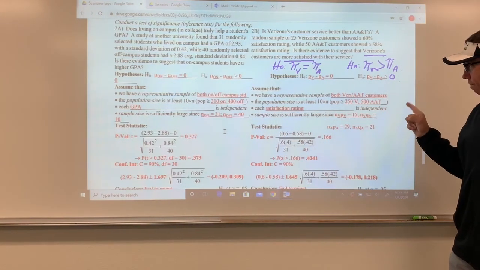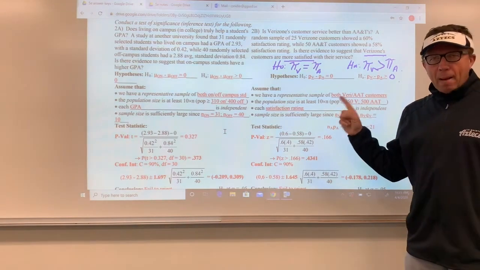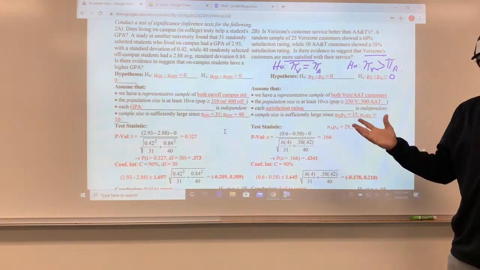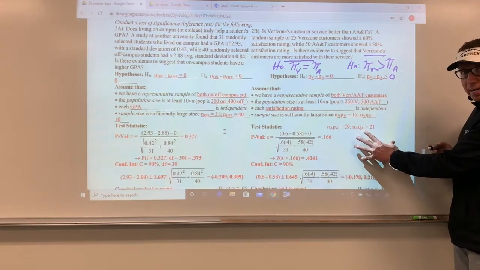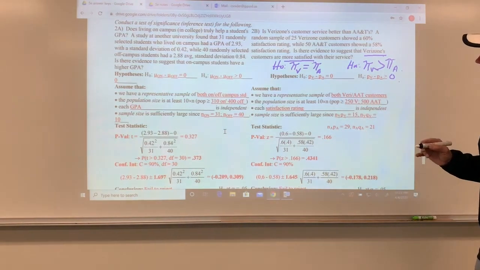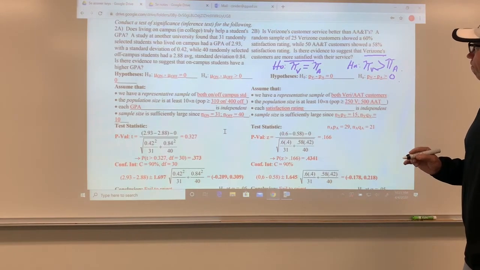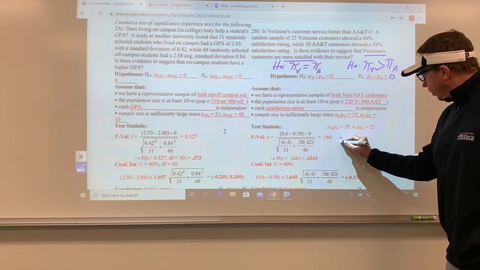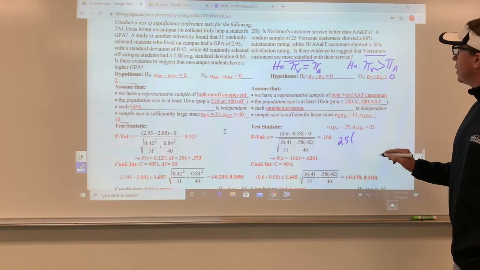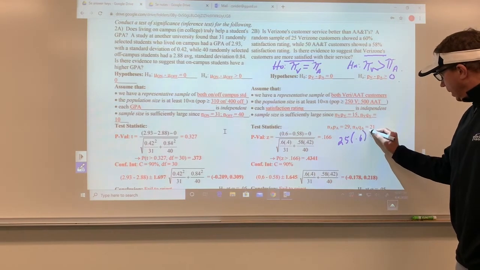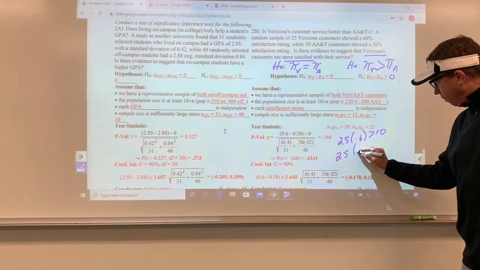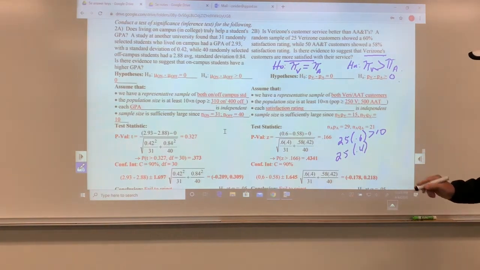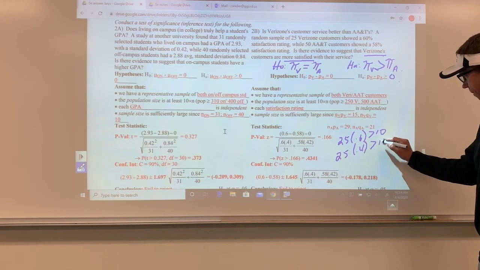You got to do np and n(1 minus p) twice, for both of them. And it's kind of hard to read here, so I'm going to write it again right here. For Verizon, 25 times p, 0.6, is greater than 10. And then 25 times 0.4, which is 1 minus p, that's greater than 10, okay?